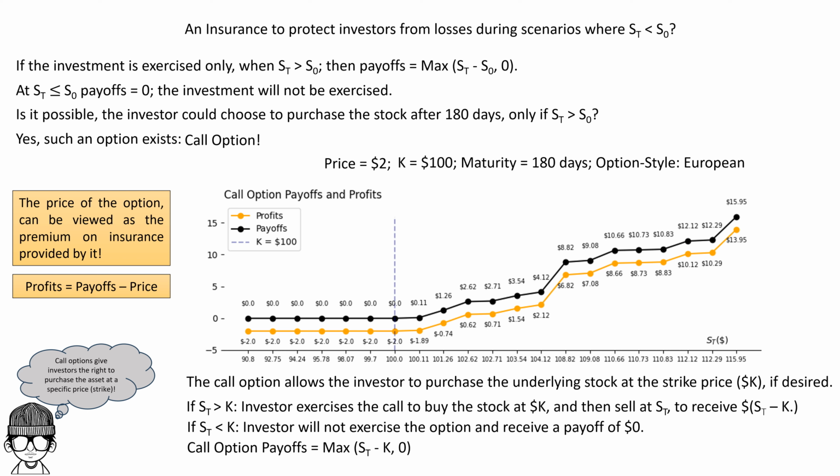So if you consider an option that has a price of $2, then you can see from the payoffs received, the price is subtracted to give you the profits. Now, if you consider the case for ST being less than K, where payoffs are 0, you can see that the investor has a cost of $2. So they'll actually make a loss of $2. This is essentially the price of insurance provided by the option.